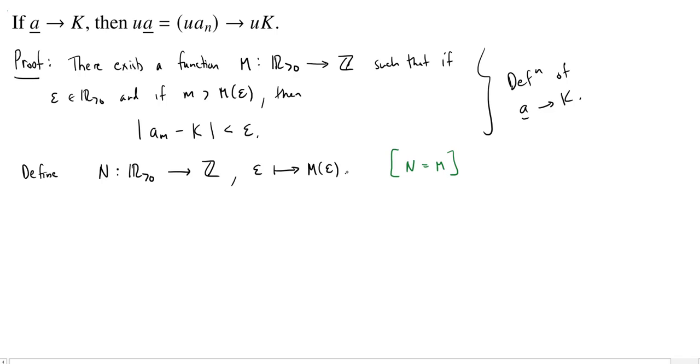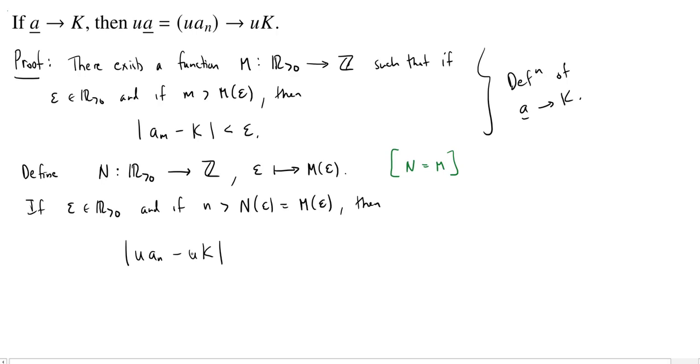Okay, so let's see if this actually will satisfy the definition, or at least the Inspired Choice Theorem. So let's take an epsilon from our set of real numbers, and if little n is bigger than n of epsilon, which is, again, just m of epsilon, then, well, we want to see how close the nth term in the sequence, which is now u a_n, is to the proposed limit uk.